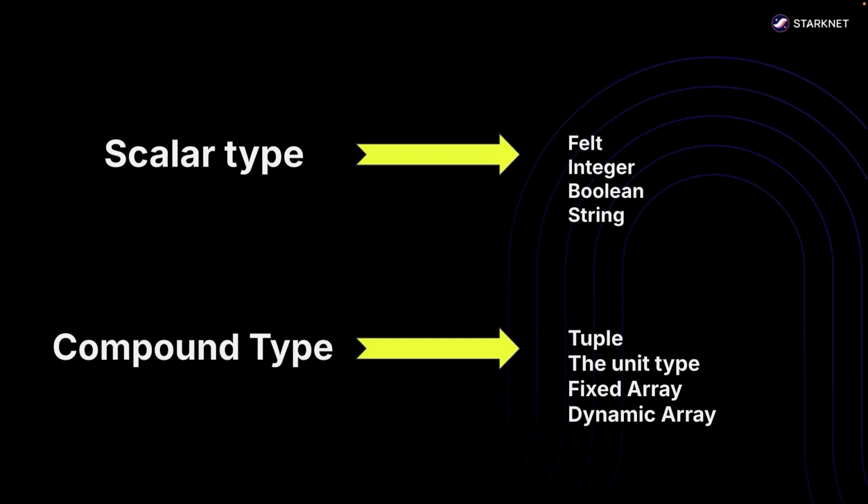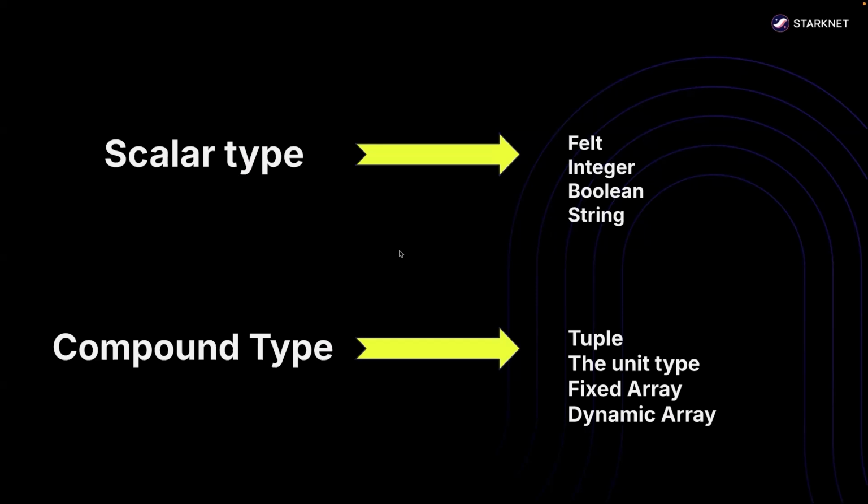So whatever string you wanted to use must be less than 31 characters. Are you following? But now, because of the introduction of long string, also known as byte array, which we are going to talk about later, you can now write as long a string as possible.